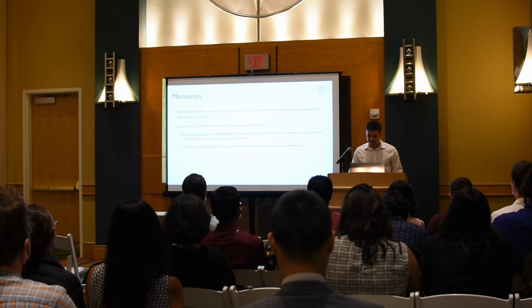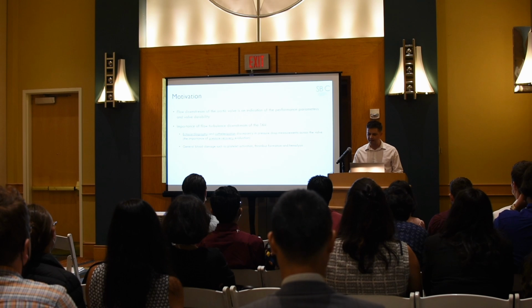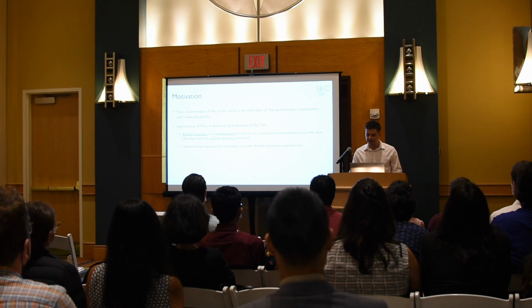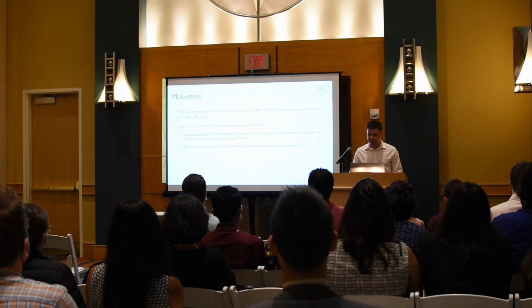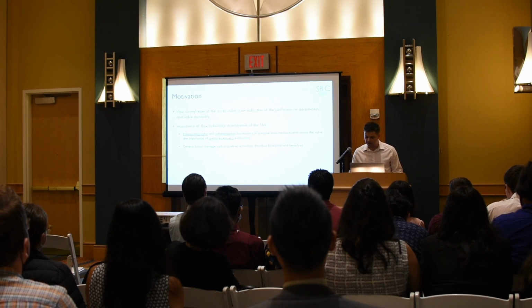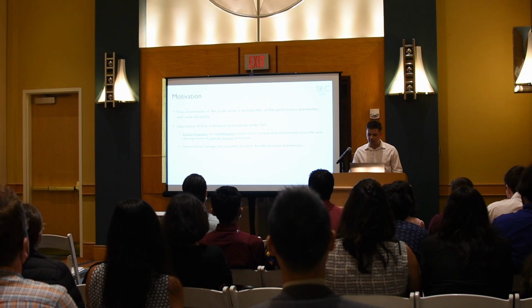The turbulence downstream of the valves also informs us of the forces that platelets and red blood cells undergo in the context of general blood damage such as platelet activation, thrombus formation, and hemolysis.